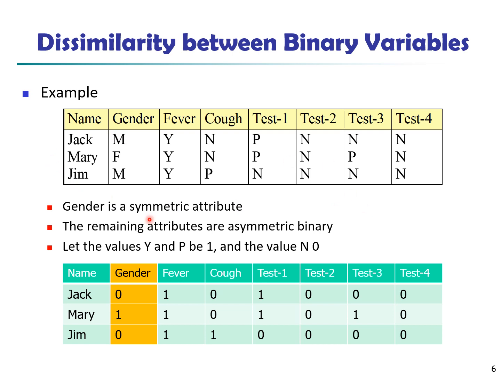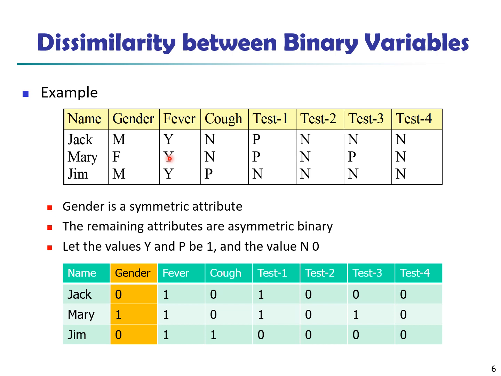Now in the example here, we have 3 objects, Jack, Mary, and Jim, and we have gender, which is a symmetric attribute, meaning that male and female have the same importance. They are not different. However, all the remaining attributes here are considered to be asymmetric attributes, which means that yes and no have different weight, different importance.